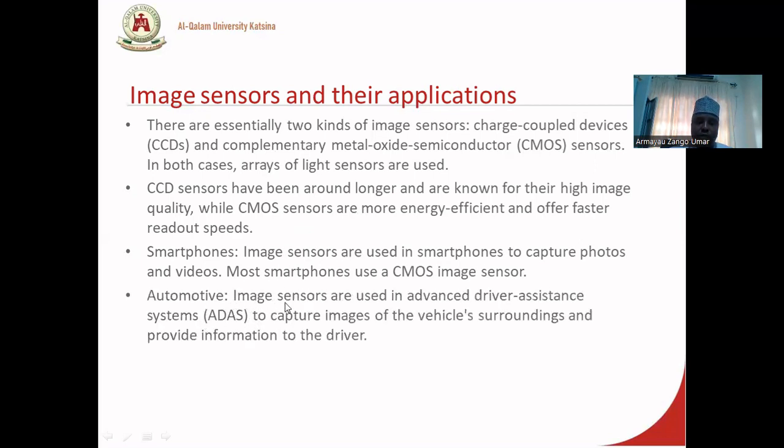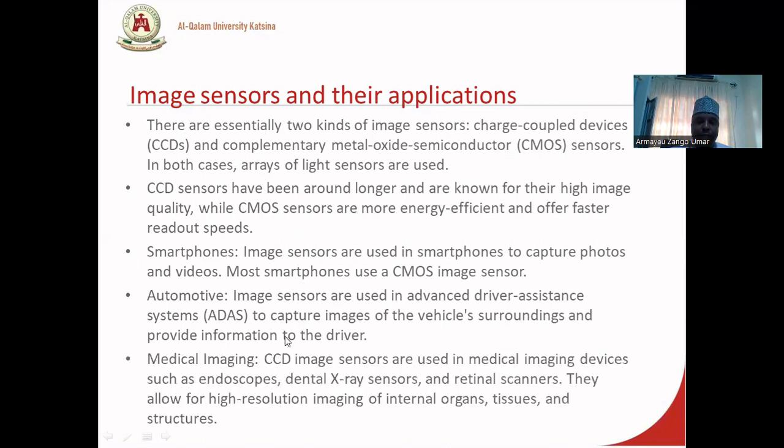Even in automotive they also use CMOS image sensors. But if you look at medical imaging, they mostly use CCD image sensors because of the demand of high quality images. They allow for higher resolution imaging of internal organ tissue and structures.